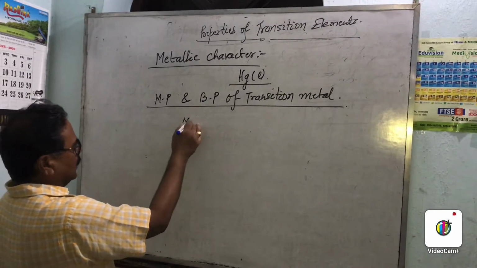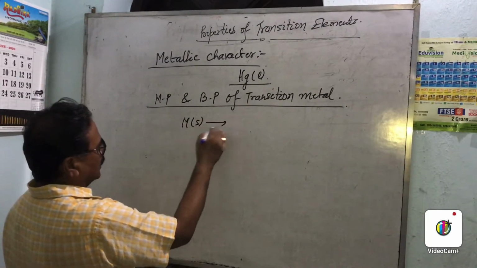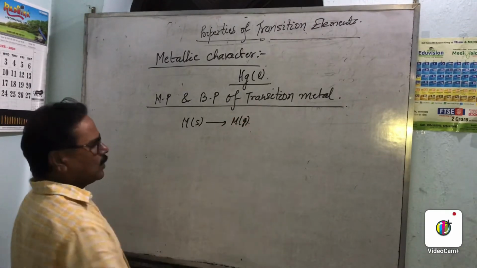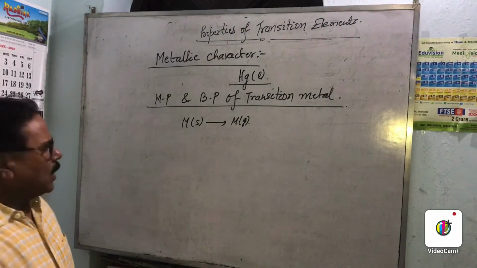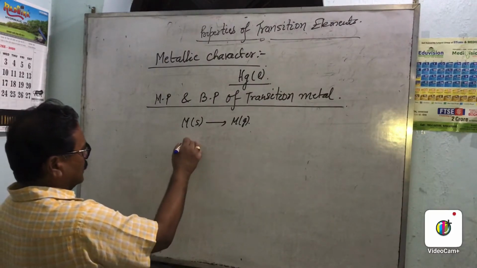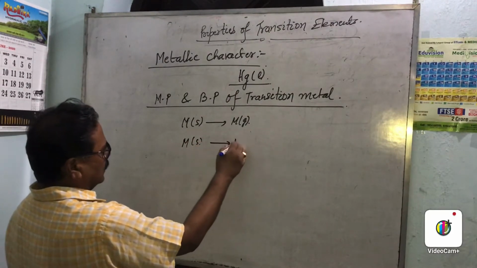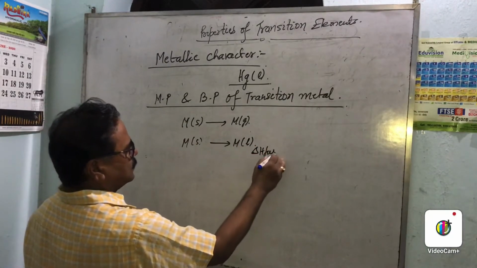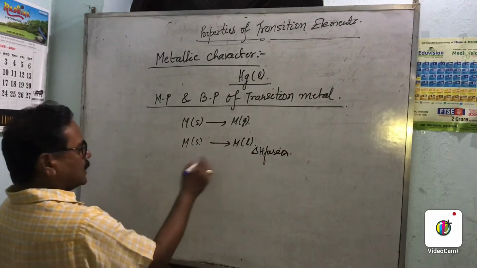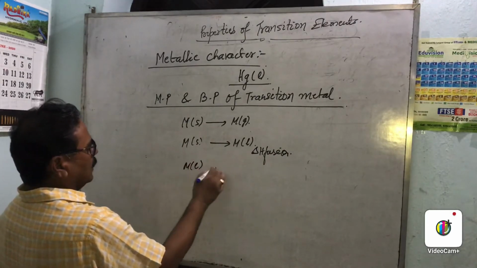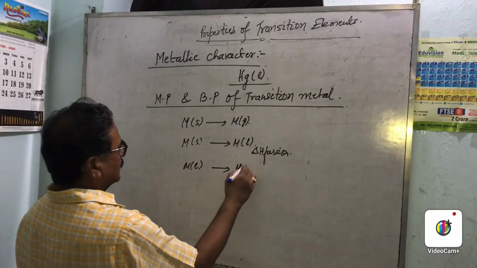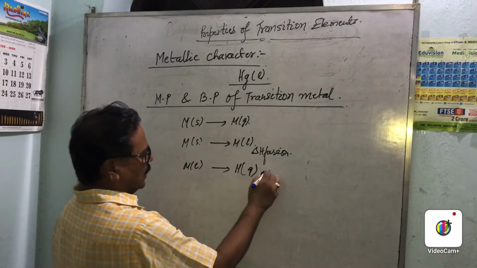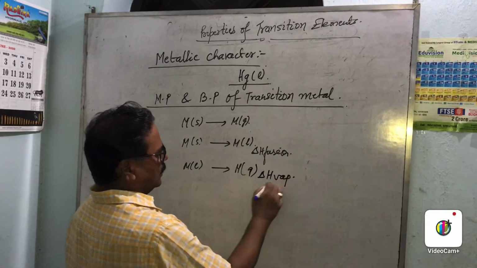Suppose this is a metal in the solid state, and it gets converted into gaseous atoms. This is called enthalpy of atomization. Now if the metal is converted into the liquid, then it is called delta H fusion. And if this liquid metal is converted into the gas, then it is called delta H vaporization.